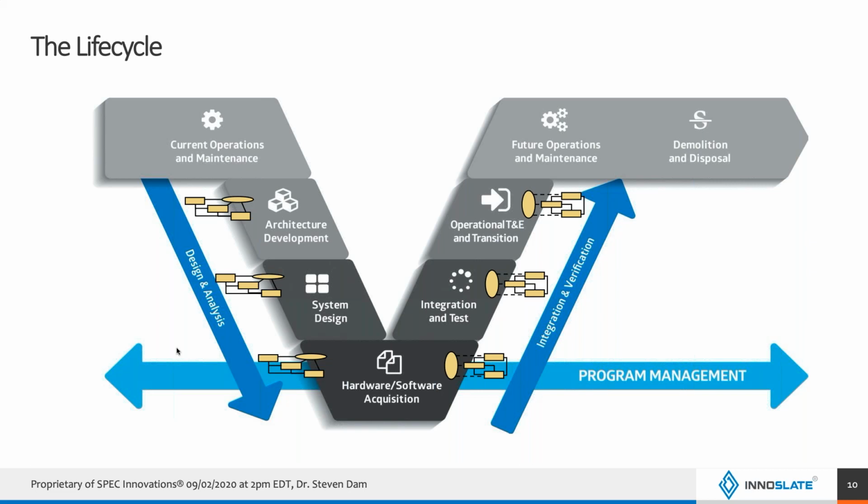In system design is where you're going through more detailed development. You're coming up with a more solution-oriented aspect of this, and so you come up with the solution-dependent requirements that transition into the hardware-software acquisition phase. Again, the whole purpose of this is that the systems engineer's job is to come up with the requirements that are going to be used to buy or build the actual system itself.